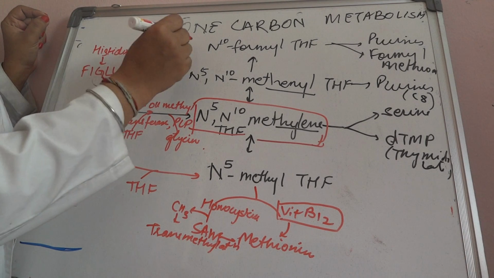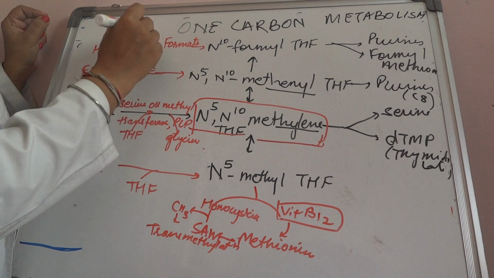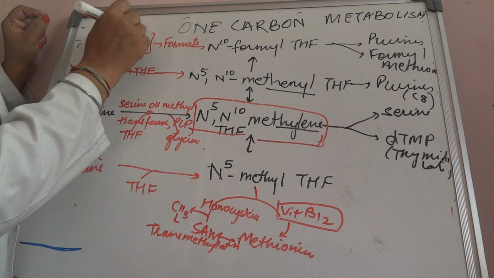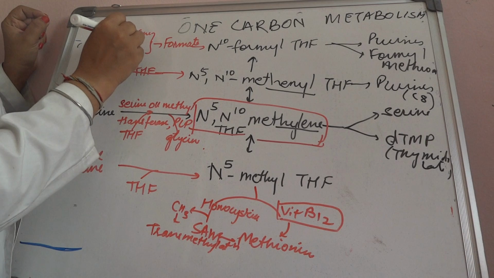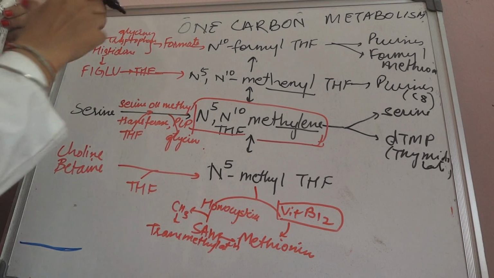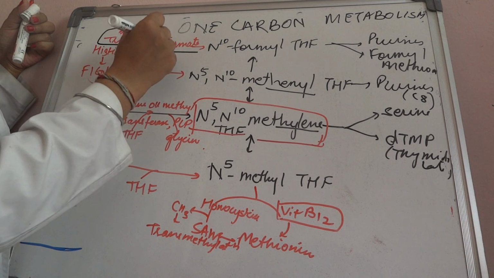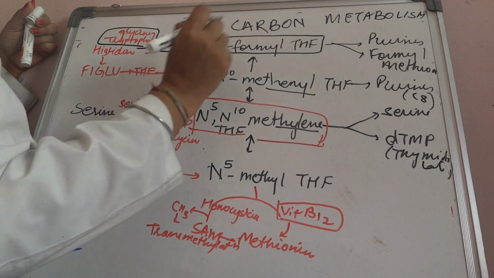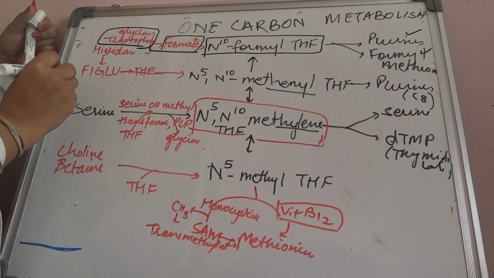N10 formyl tetrahydrofolate can also be produced from formate, which can be formed from the amino acid glycine or tryptophan. So tryptophan and glycine can form formate. This formate can form N10 formyl tetrahydrofolate, which can form purines and formyl methionine.